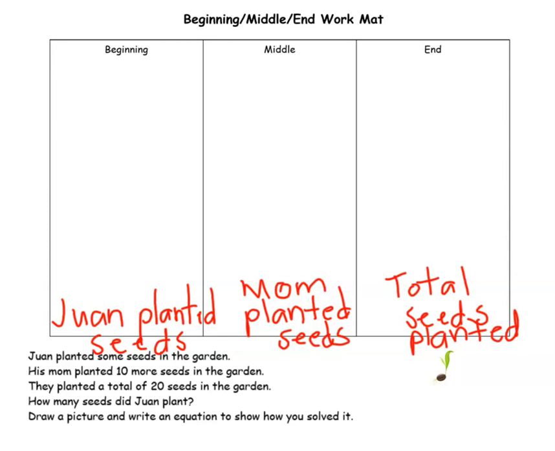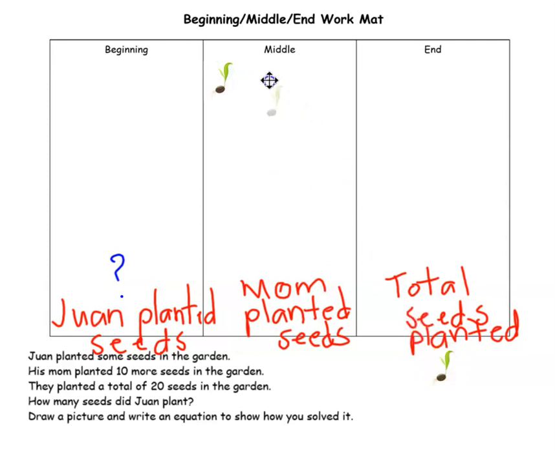How many seeds did Juan plant? Well, we don't know how many Juan planted. That's what we need to know. That was the first thing that happened, wasn't it? That was our beginning.